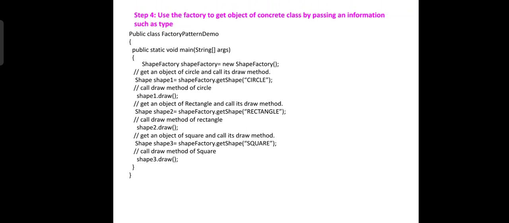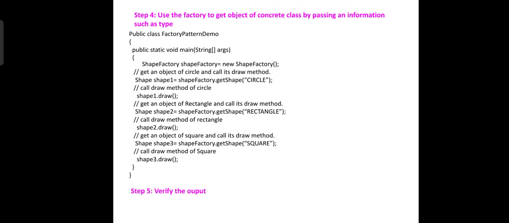So shape2 is used for rectangle and we call the draw method of rectangle. Here shape2.draw draws the shape rectangle, and the last one, we have to get an object of square and call its draw method. For that we will use shape3, and by using the getShape method we call the draw method of square, and shape3.draw is used to draw the square.